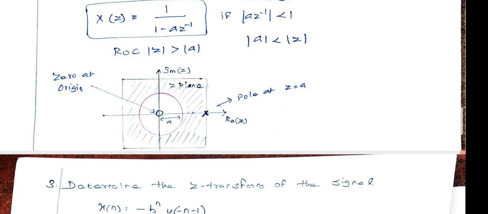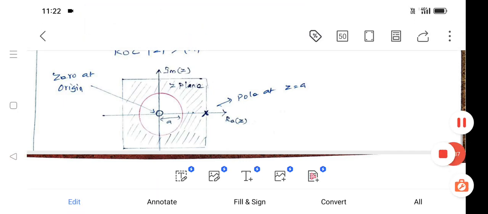But in our condition, ROC should be greater than a, so outside the circle we get the ROC. So ROC is the entire z plane outside the circle with radius a. That is our answer.